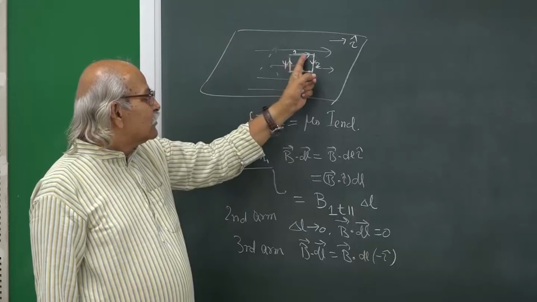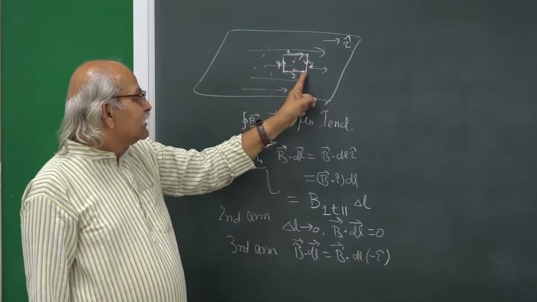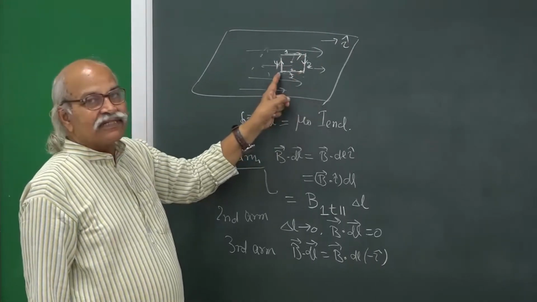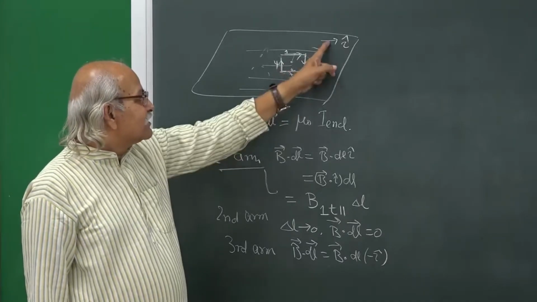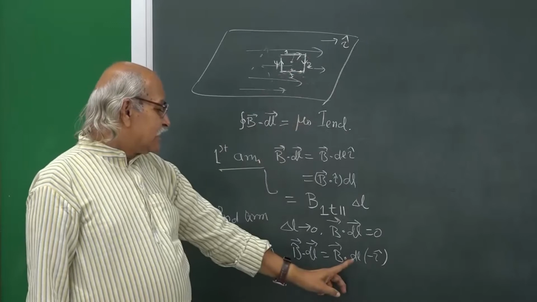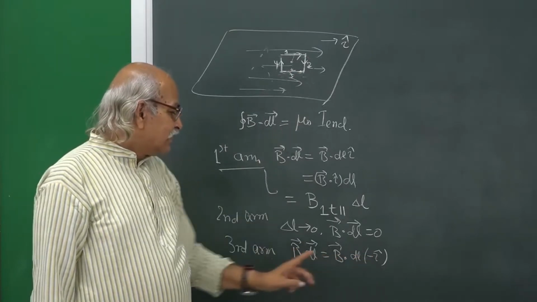So, here the arrow direction is left to right, here the arrow direction has to be right to left, and therefore this dl vector is in the negative x direction, and hence we can write it as dl minus i cap.